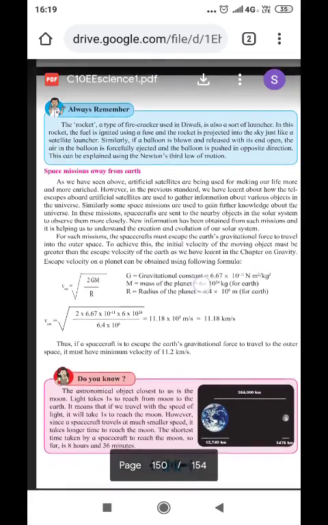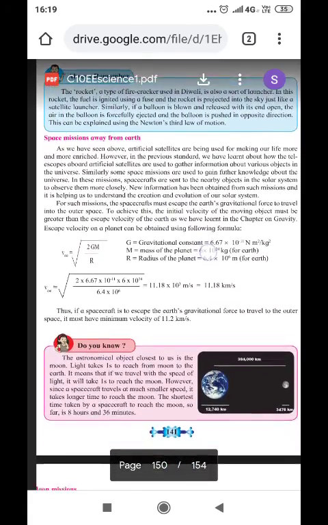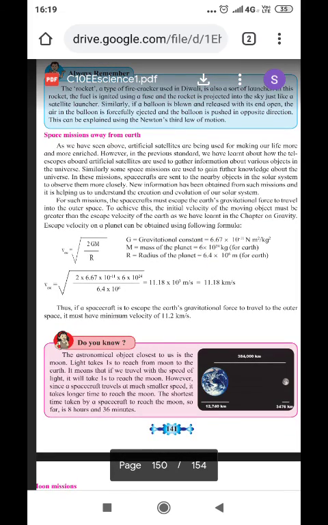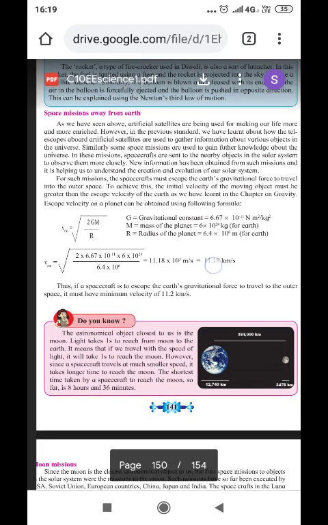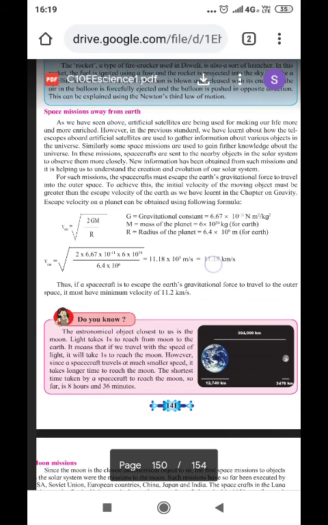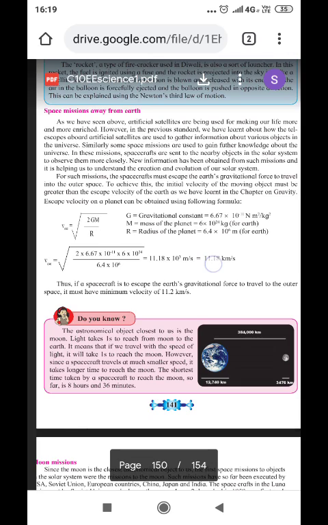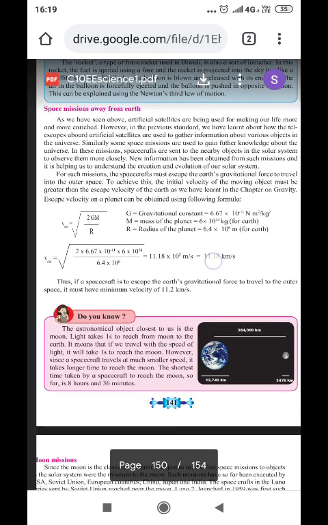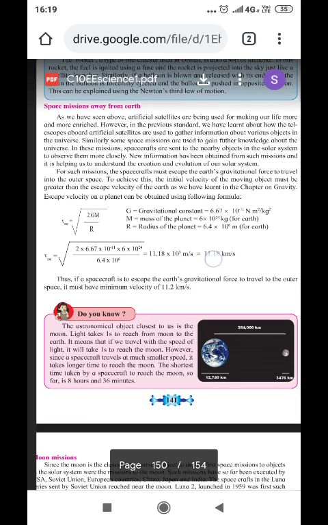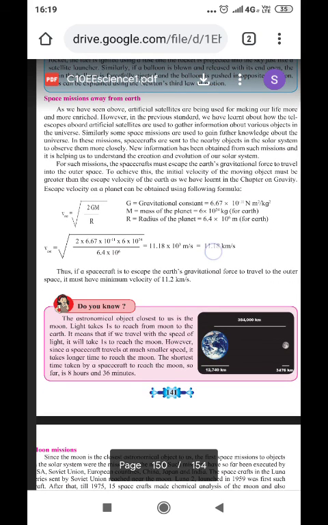Space missions away from the Earth. As we have seen above, artificial satellites are being used for making our life more and more enriched. However, in the previous standard, we have learned about how the telescopes aboard artificial satellites are used to gather information about various objects in the universe.